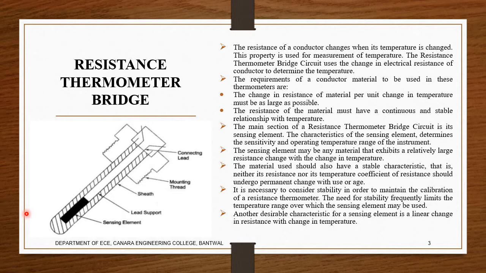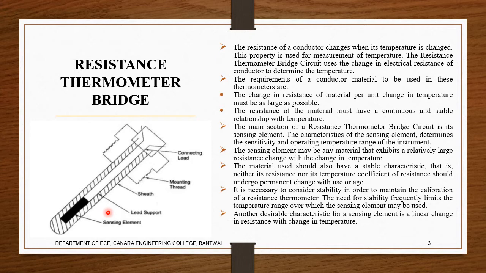This factor has to be considered very much. And the operating temperature range has to be very wide. It doesn't mean it is used only for 10 degrees Celsius or 100 degrees Celsius. It has to be very wide so that we can use one resistance thermometer bridge for many applications.